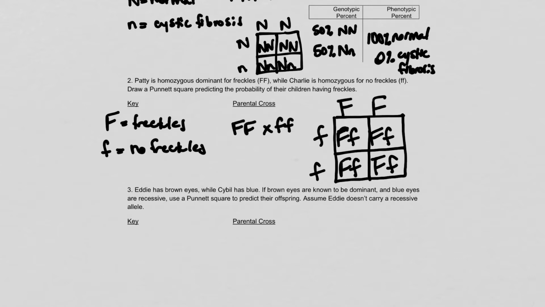The probability of their children having freckles is 100% freckles, because 100% of them are going to be heterozygous, and the freckles is dominant.